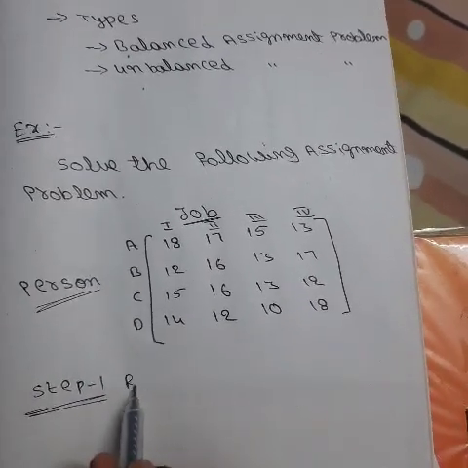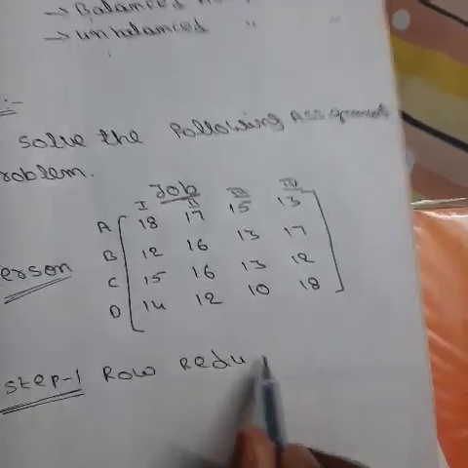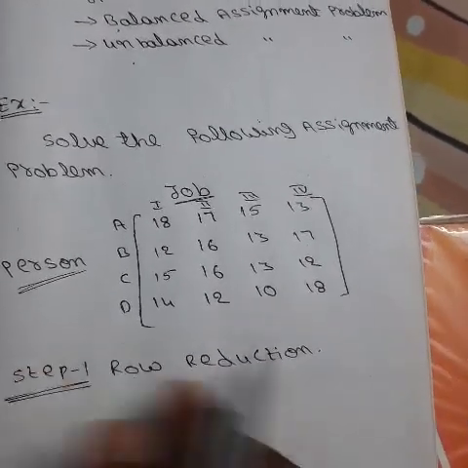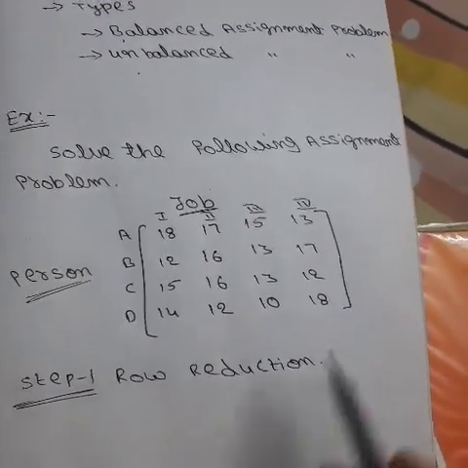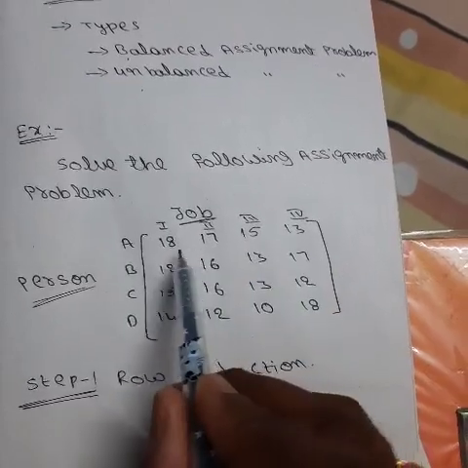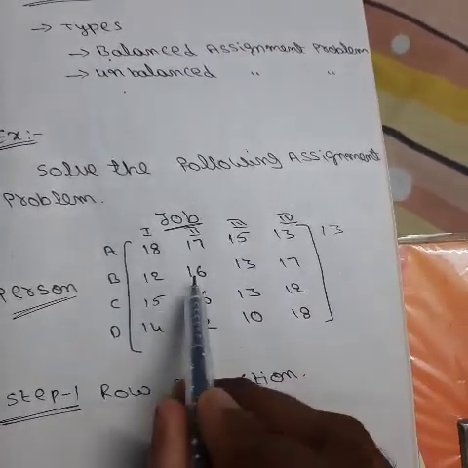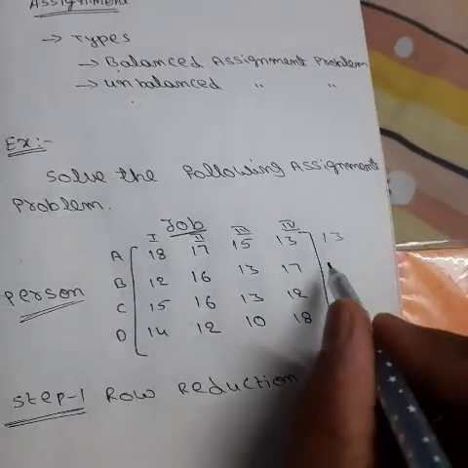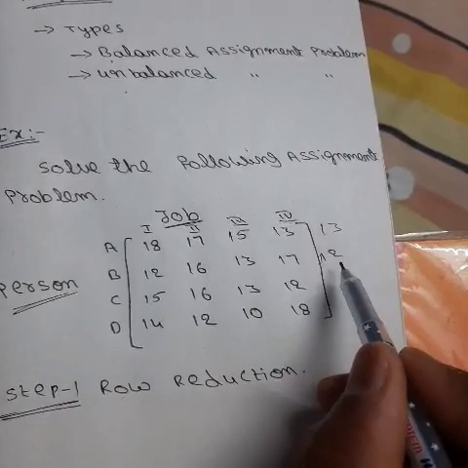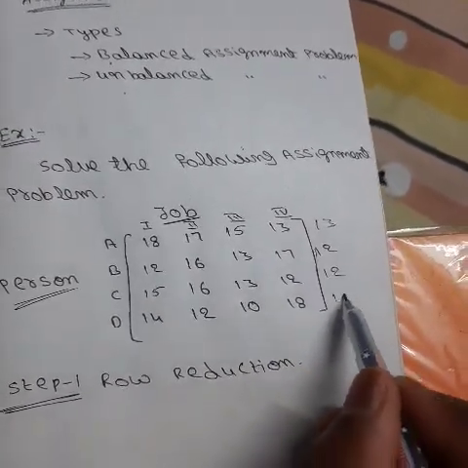Now we do row reduction, or minimization. Under this step, you have to find the smallest number in each row. The smallest number in the first row is 13, in the second row is 12, in the third row is 12, and in the fourth row is 10.